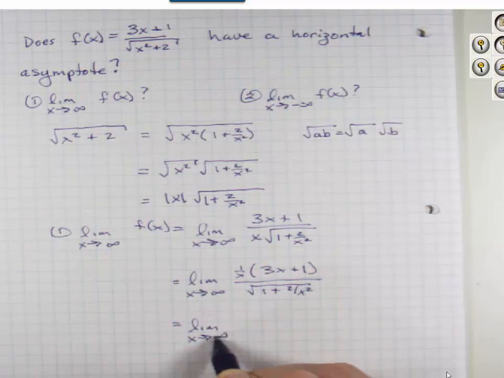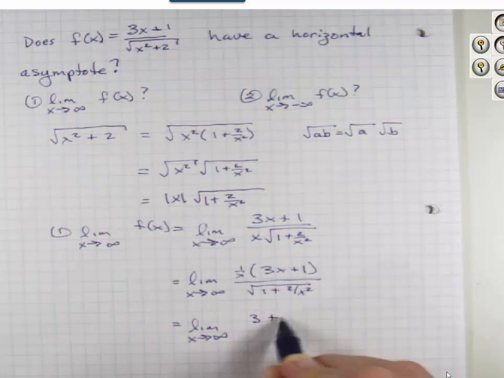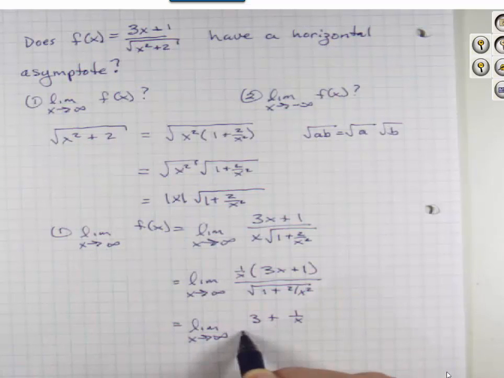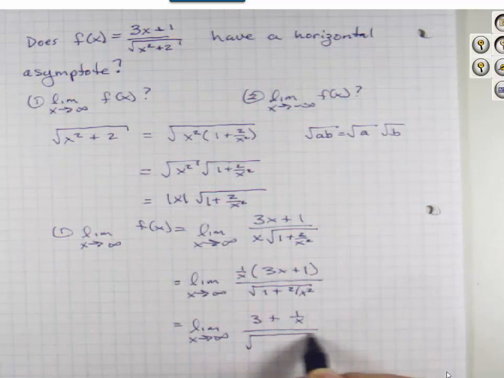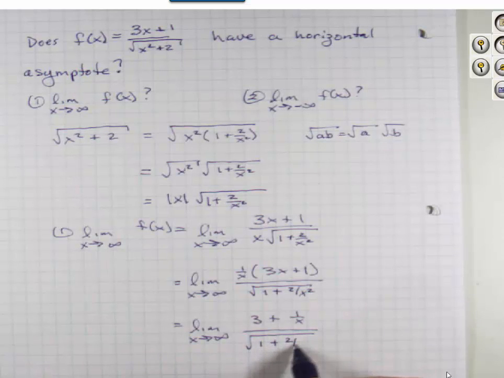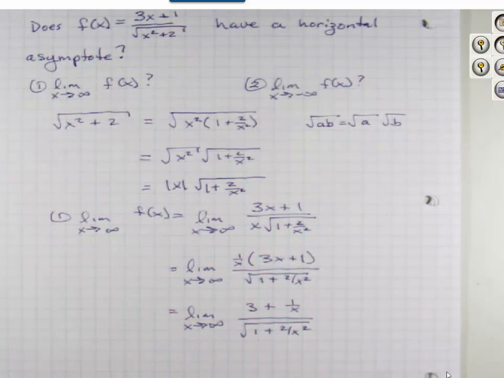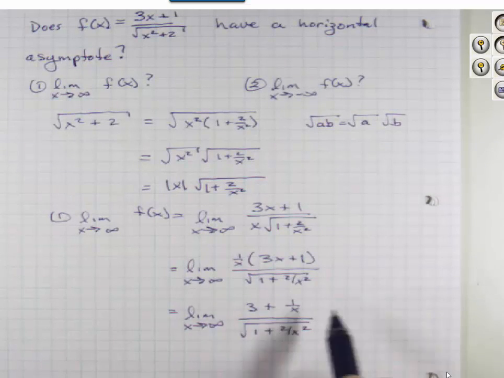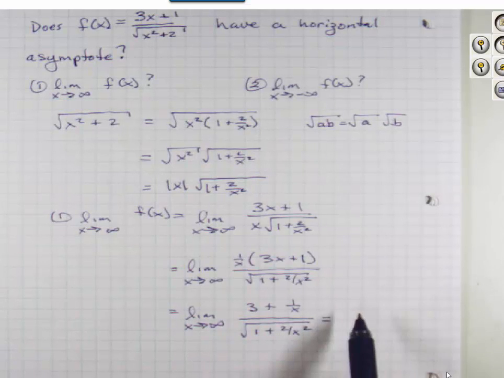So as x grows without bound, that becomes 3 plus 1 over x, and then my denominator, the square root of 1 plus 2 over x squared. Now I'm ready to go do this thing. This is the limit of a quotient, which is the quotient of the limits. In the numerator, that's the limit of the sum, which is the sum of the limits. The limit of a constant is a constant.